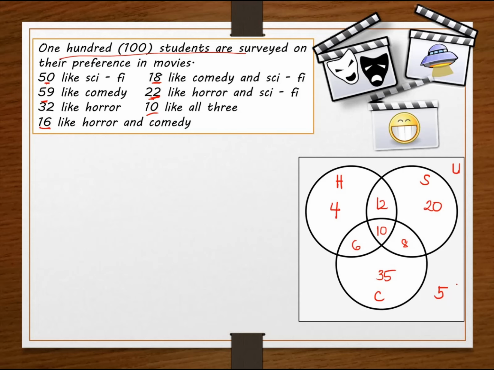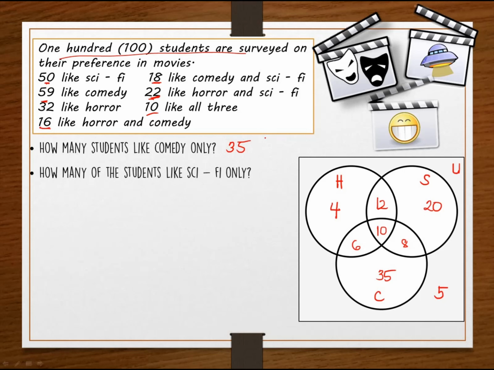Now let's answer the following. How many students like comedy only? Based on the given diagram, there are 35 students who like comedy only. Next, how many of the students like sci-fi only?